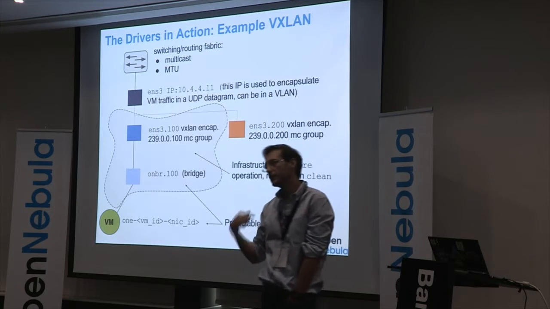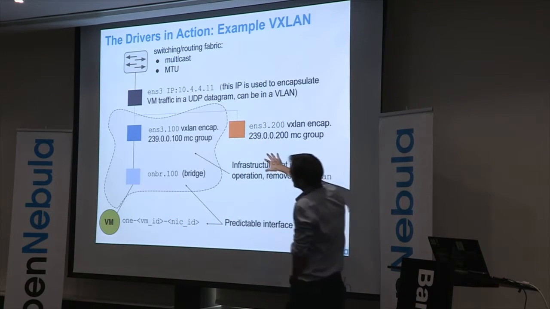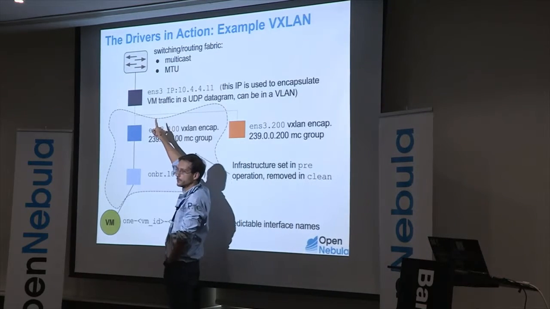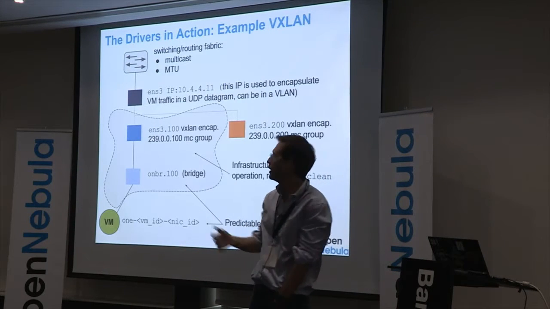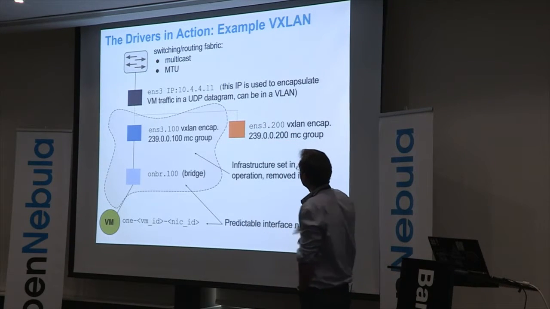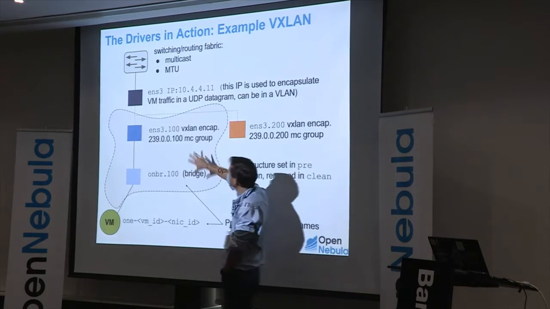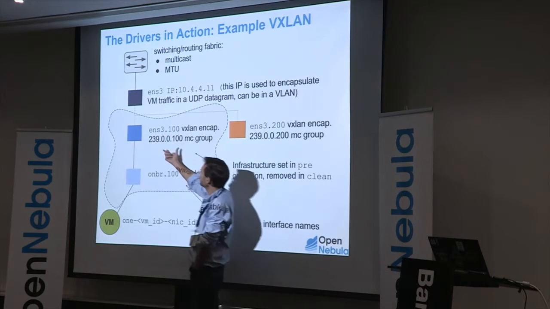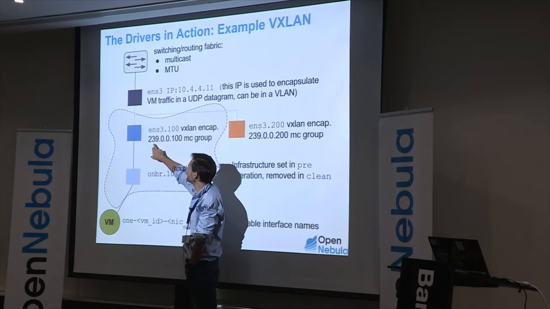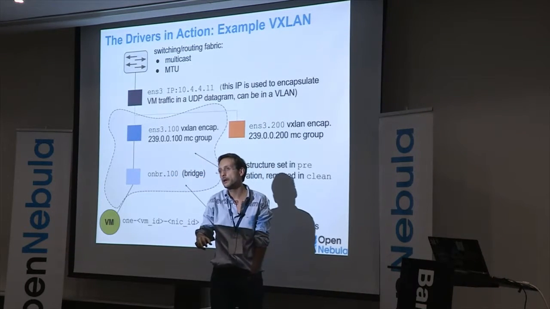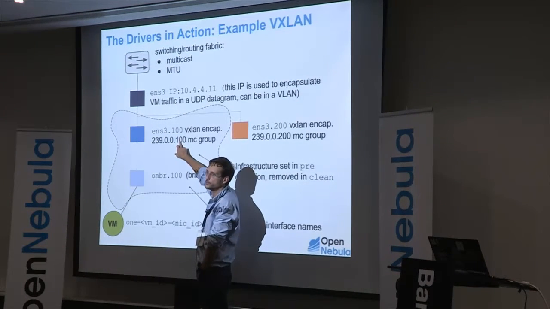Also, you can put that traffic in a special VLAN. So this can be a tagged interface with VLAN tagging if you want to isolate the hypervisor traffic for the VMs, for example. And this is more or less the structure within the hypervisor. A bridge for the VXLAN encapsulation with a multicast group associated to this interface. By default, we are using the 239 multicast group with the VLAN ID for the multicast address.